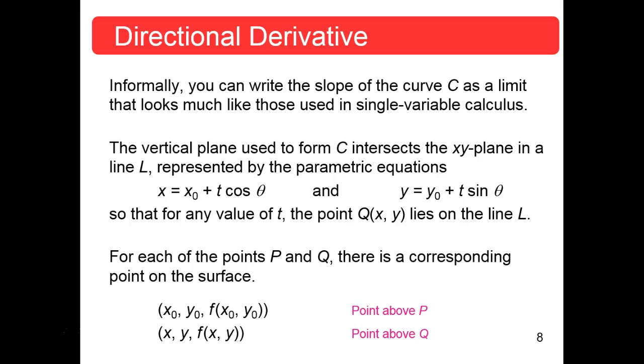And the y is equal to y0 plus t sine theta, okay? So that for any value of t, the point Q of xy lies on that line L, okay?